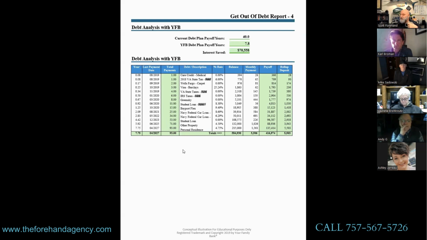So if on schedule, this particular client was going to pay off their rental property in month 71, and on schedule, they were going to pay off the personal residence in month 93, by doing a mortgage chunk plan, we're going to take that difference, which is 22 months, and we're going to reduce it by 16%.